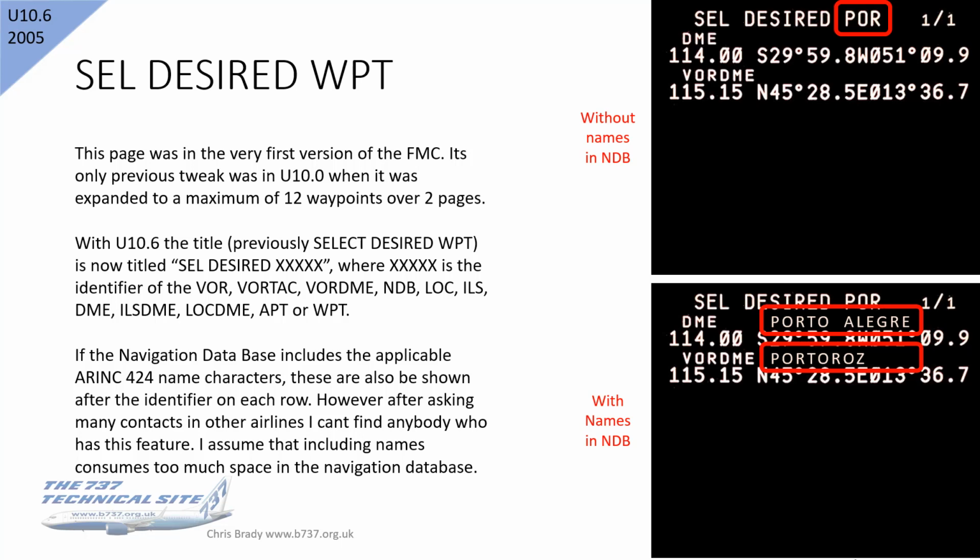And of course with longer range 737s, more particularly the Max, that is an issue, or a consideration, I should say. So the named function, although it was introduced and made available in 10.6, I've never actually seen it. As usual, if anybody has an example of this, then please send it in to me. I'd love to see it.